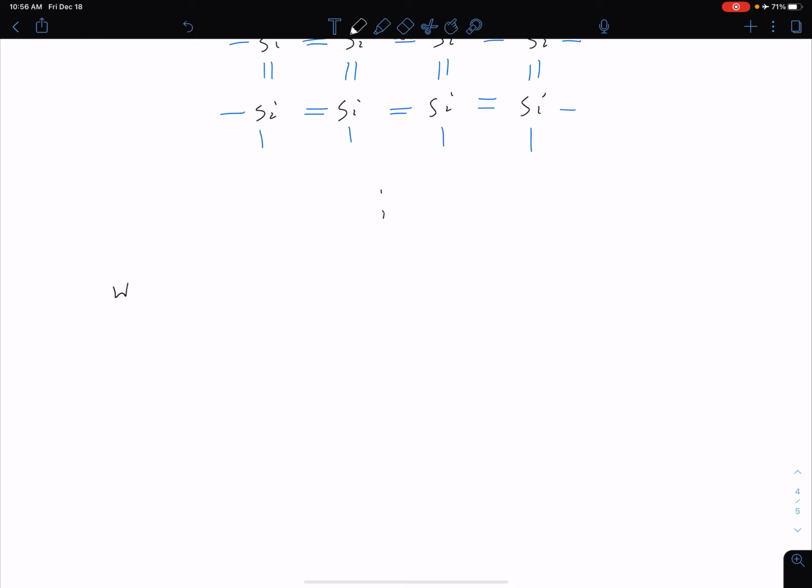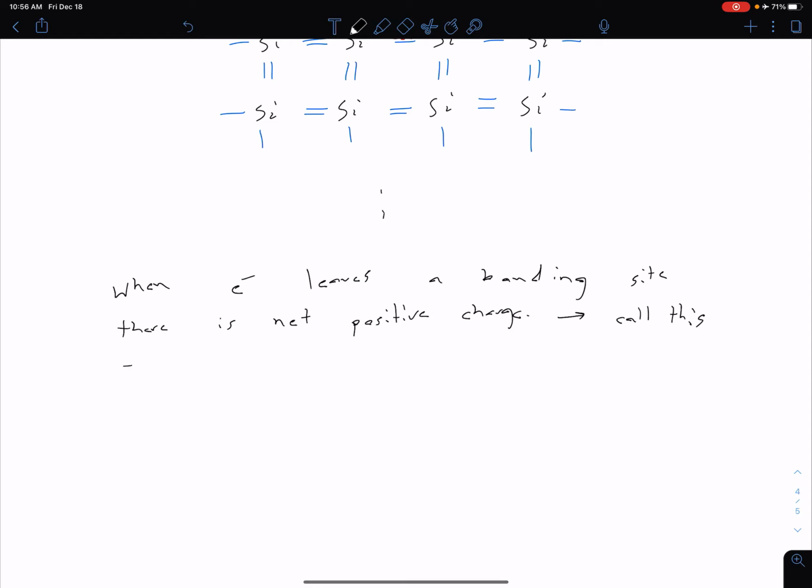So we can say when our electron leaves a bonding site, we have a positively charged hole left behind. So just as I was saying earlier, there is a net positive charge, and so we call this a hole.